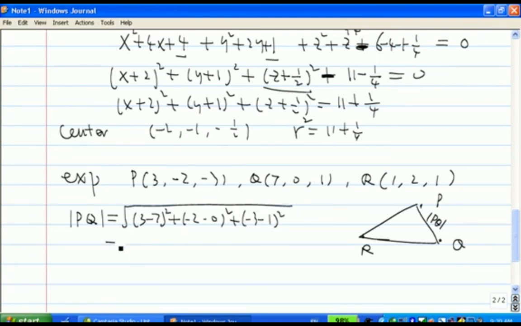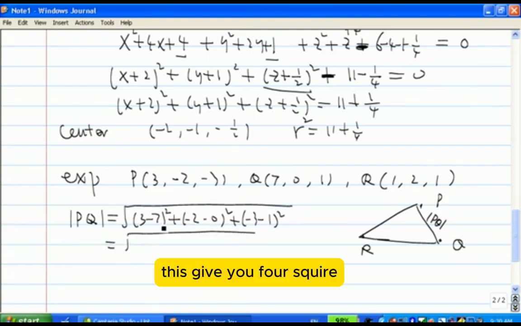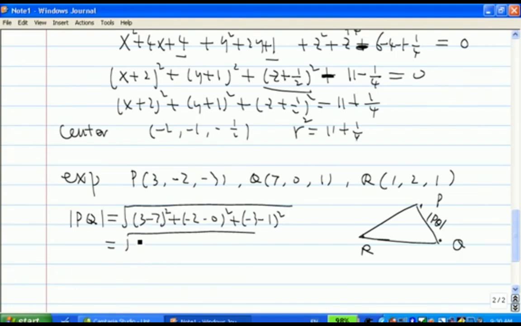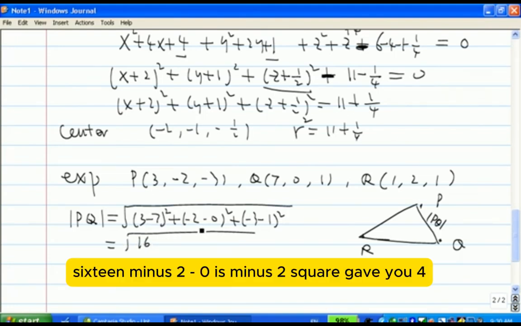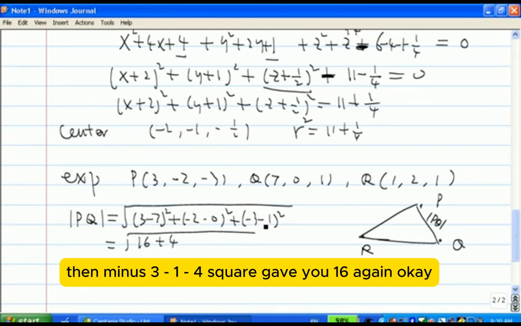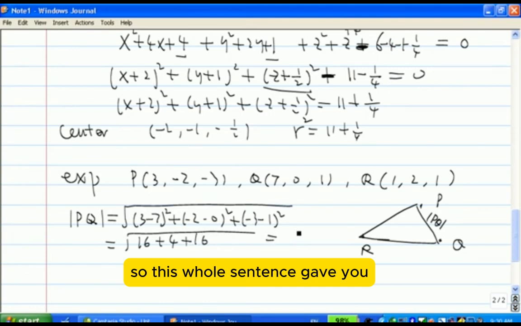So this gives you 4 squared, 16. Minus 2 minus 0 is minus 2, squared gives you 4. Then minus 3 minus 1 is minus 4, squared gives you 16 again. So the whole thing gives you the square root of 36, which is 6.